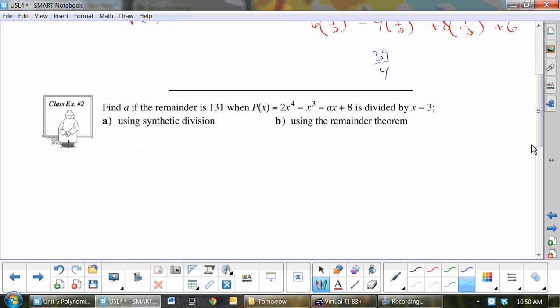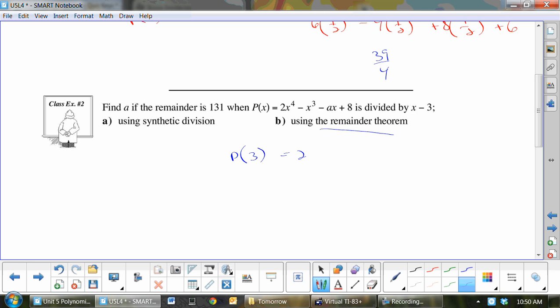Okay, so find a if we were doing remainder 131 with that equation. Now you did one of those on the quiz today, but let's use the remainder theorem, which actually makes this a lot easier, because all I have to do is put in what number into p of x? P of 3.